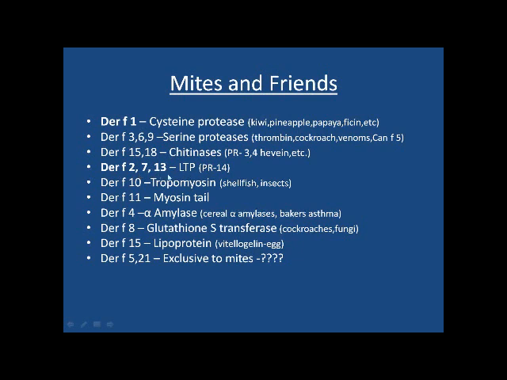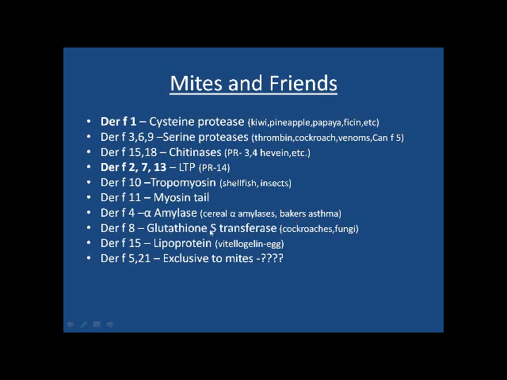We've seen this before. The tropomyosin, we talked about that with shellfish and insects. Myosin tail is associated with the tropomyosin. And alpha amylase, the enzyme that goes in to digest the sugar or the starch. And we've seen this in relation to the cereal alpha amylases, and this is an important allergen in Baker's asthma.